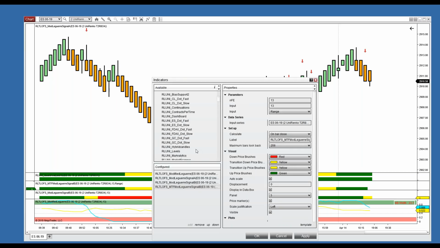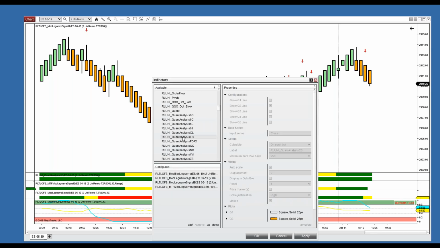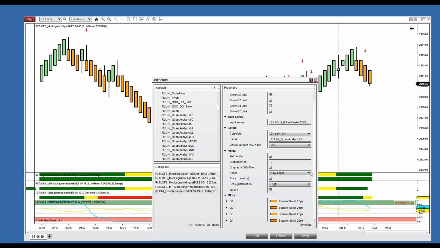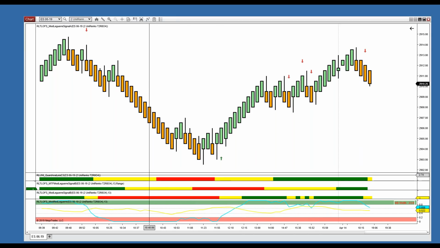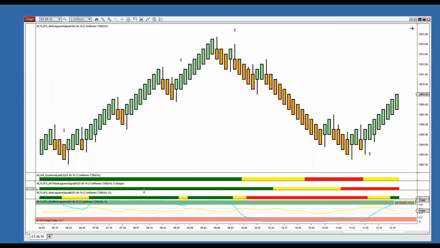This is what gives this the specificity it has. Now here's the quant E-mini. Now I have to put that in panel 2. Now if we had templates, we'd be fine. And if I put that in panel 2, we're good. So now we've got the E-mini, which only has one quant line.